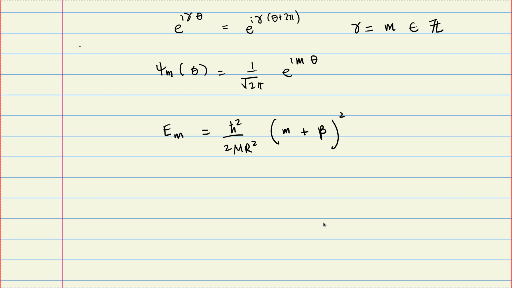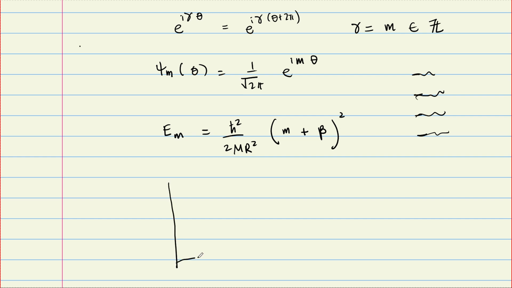For example, for beta equal to 0, I have m equal to 0, which is zero energy, then m equal to 1 and minus 1, m equal to 2 and minus 2, and so on. As I change beta, I want to see how these individual levels change, and whether they cross or not. M and beta seem independent. Yes, they are independent, and I want to do the following.